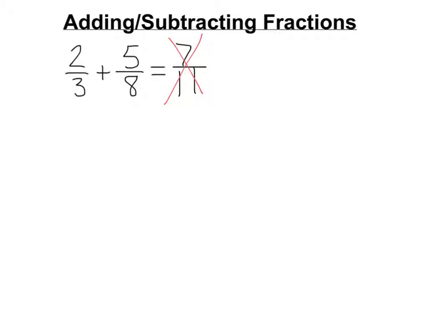Remember what we just talked about. These are thirds, these are eighths. They are not the same size. Just because we put these pieces together does not mean that they're all going to change size to become 11ths. So this is a big no.